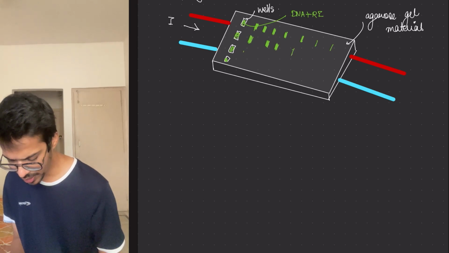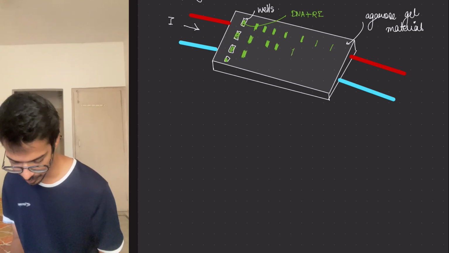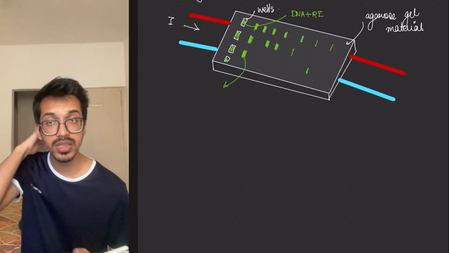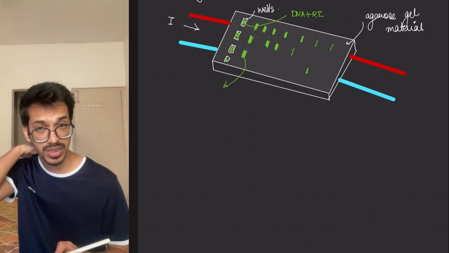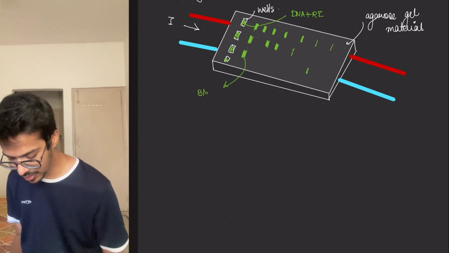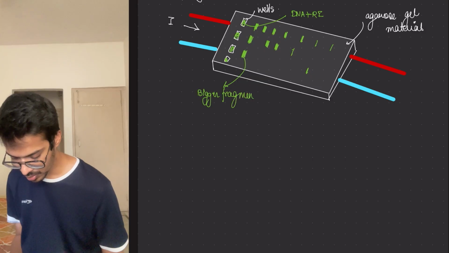According to their size, closer towards the well there will be bigger fragments, in proximity. Proximity means closer.